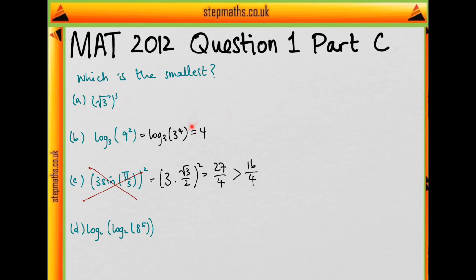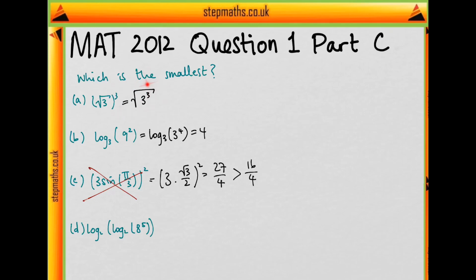So if I try and compare this with 4, well, this is a square root, so it's going to be a bit difficult. So let's square them both, because we know that both of these numbers are positive, right? So when we square them, whichever one of these is larger, then it will always also have the larger square. So if I square this, well, square root of 3 cubed is the same as 3 cubed square rooted.